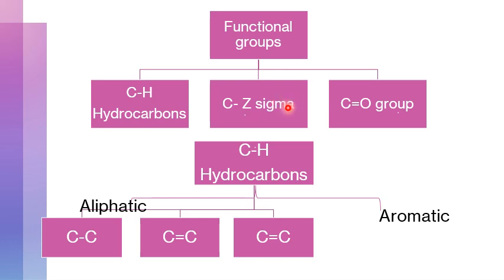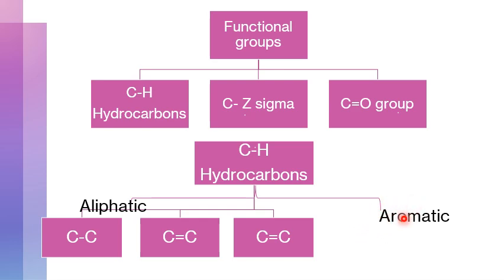Then another classification is where carbon forms a compound with oxygen. That is the carbonyl group compounds we will learn. Under hydrocarbons, we will learn 3 classifications. No, actually mainly 2 classifications first: aliphatic, that is fat forming, and then aromatic, that means smell, aroma, you know that, right?